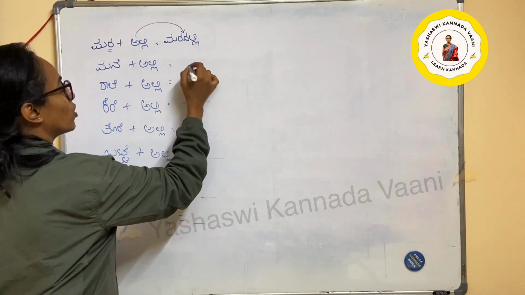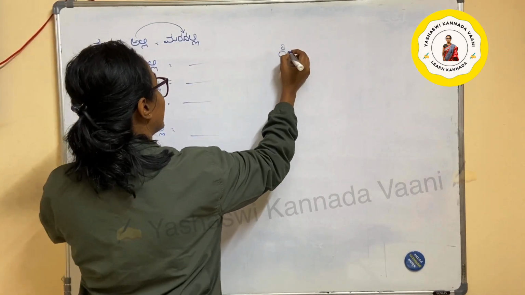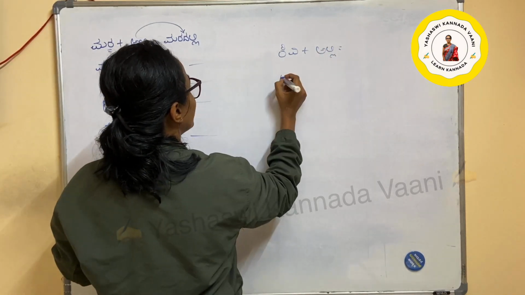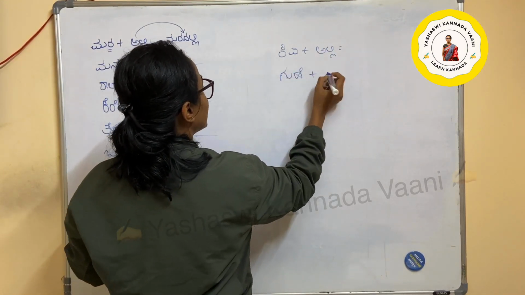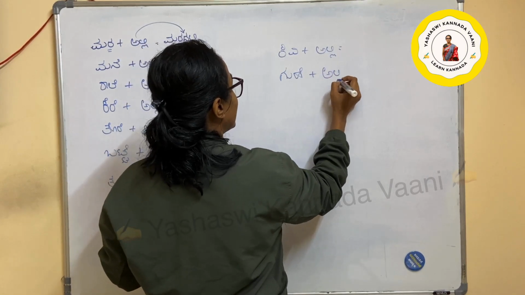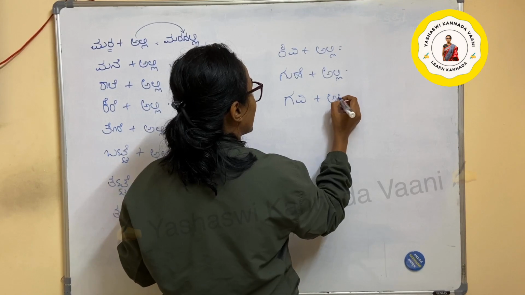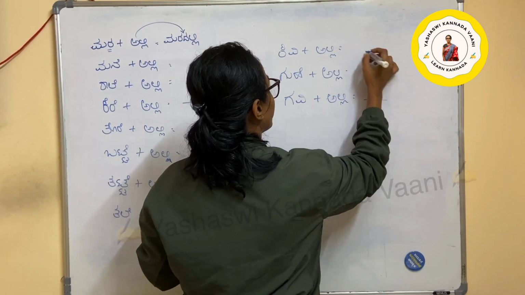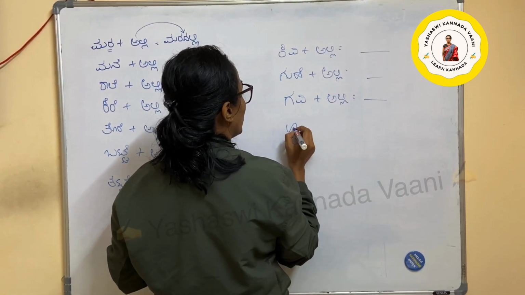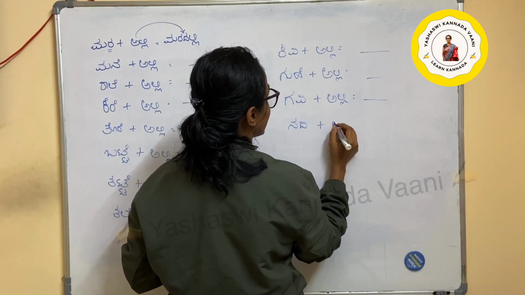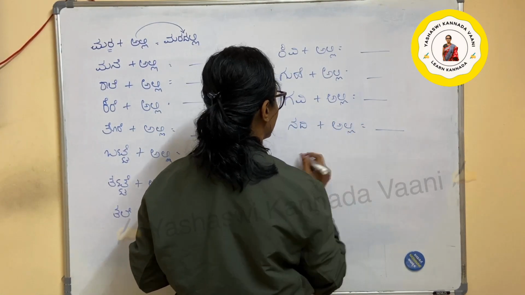So I have an i sounding like kivi plus alli. Kivi means ear. Guhe, guhe means a cave, plus alli. Gavi, gavi is also the same thing, alli. Next, nadi, nadi is a river, alli.